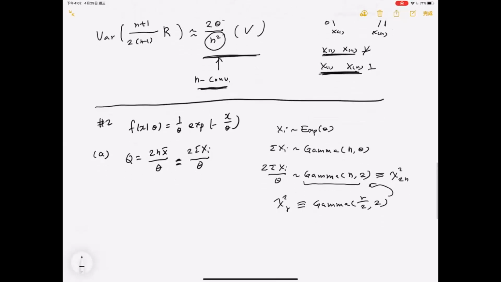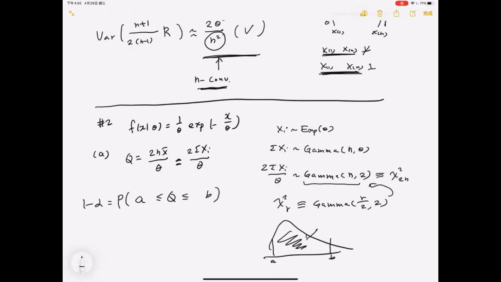Using the pivotal quantity, the easy way is for us to find quantiles A to B of the gamma distribution, where the probability inside is 1 minus alpha. This tail is alpha 1, this tail is alpha 2, and alpha 1 plus alpha 2 is alpha.